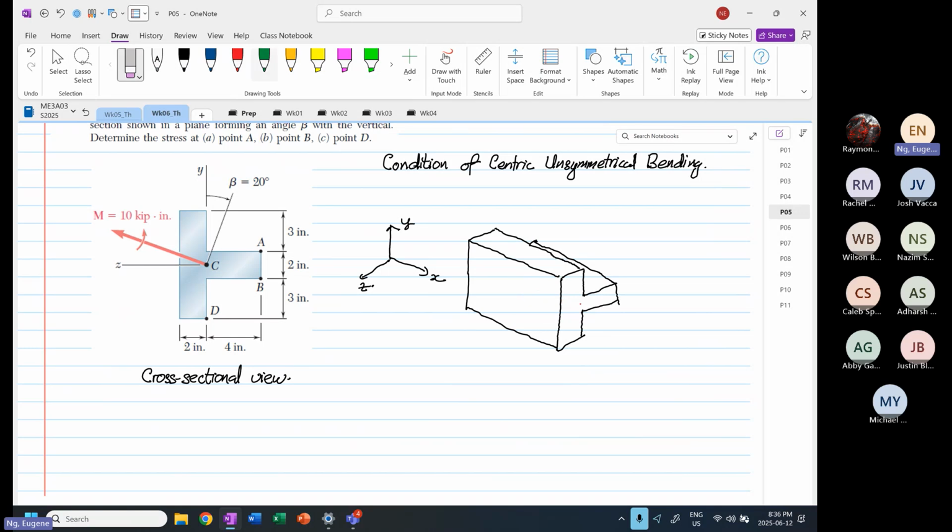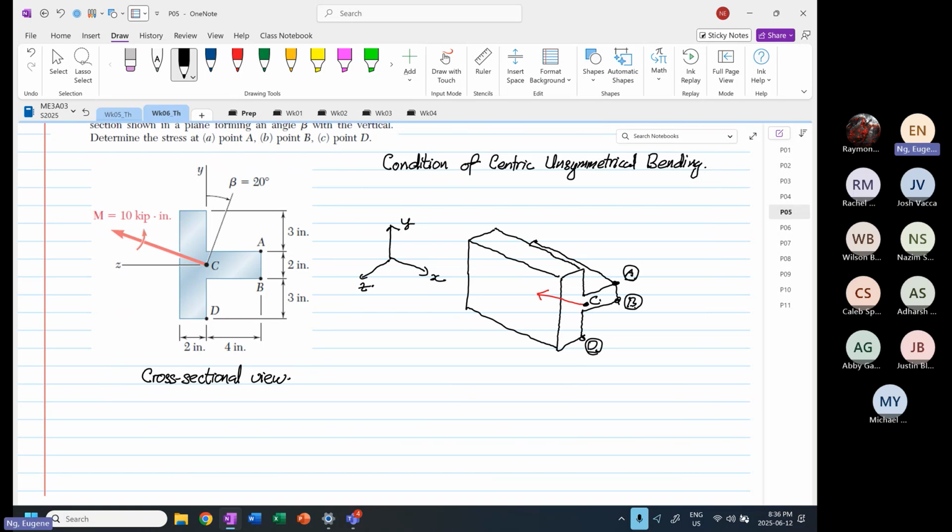That is our moment. If we were to label, this is our point A, this is our point B, this is our point D, and this one over here is our C. So you know what we are looking at.